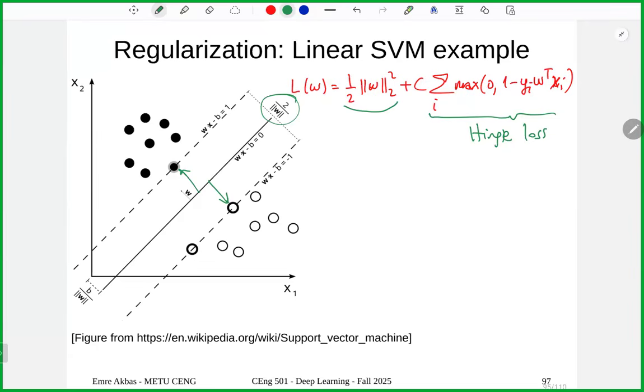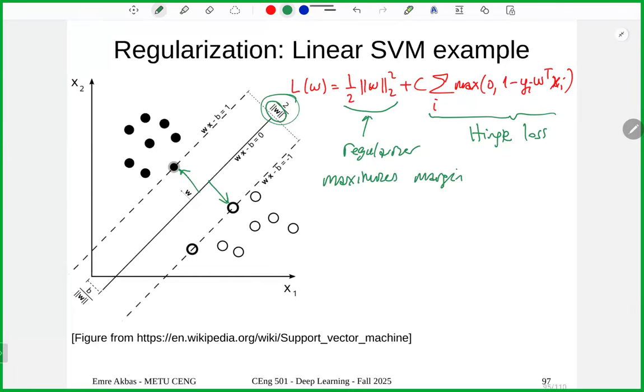If you want to maximize this margin, you want to minimize the norm of W, because the margin is given by 2 over norm of W. That's why this term is there. You are trying to minimize the norm of W in your loss function. So this one is the regularizer, which maximizes margin.